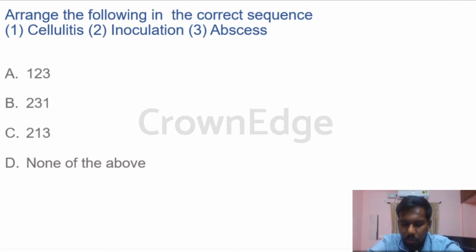So no use of draining a patient during cellulitis phase. I hope this concept is clear to everyone. The first one is inoculation, then cellulitis, and then abscess. 213. So the answer is C.